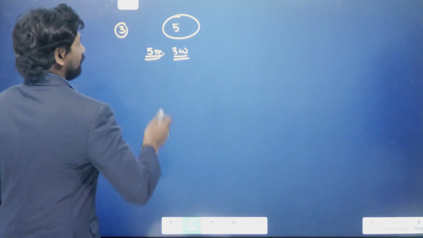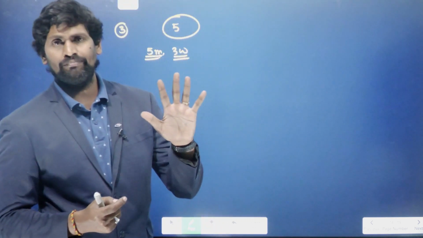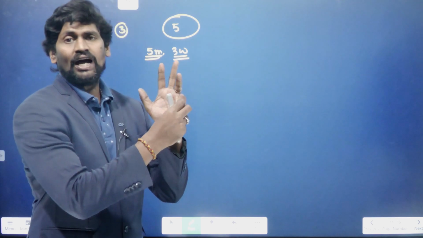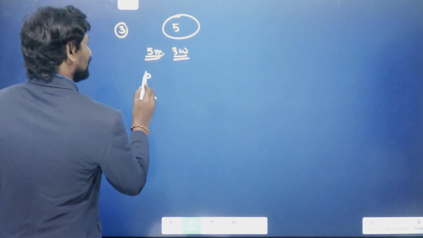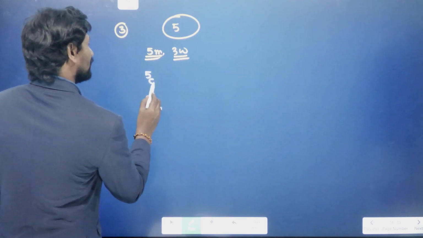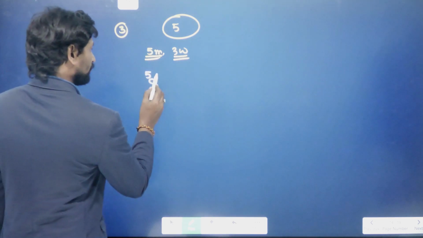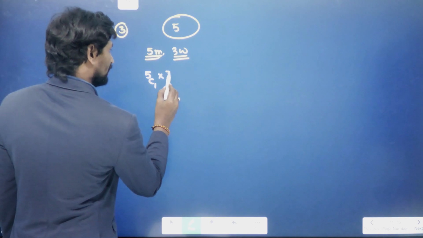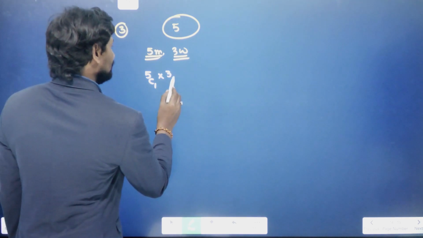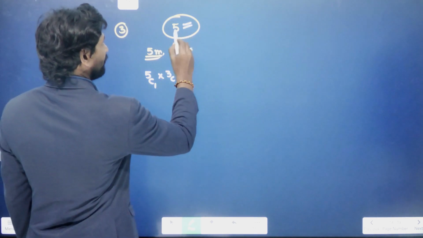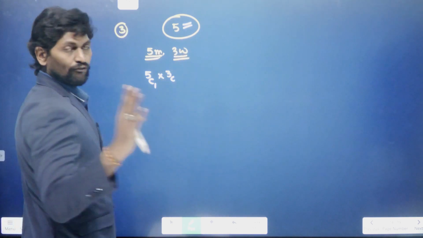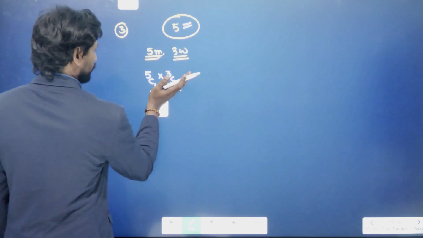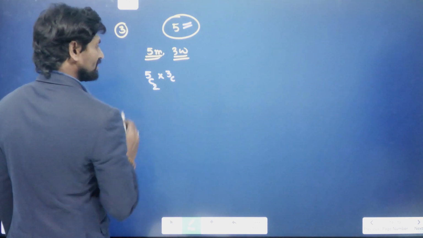There are multiple choices, like from the 5 members, I can take 1 male and 4 female, like that. So let me try to write. From the 5 men, 1 man I am selecting, and from 3 women. So in total we should get 5 members, right? If you take only 1 man, there is no chance of 4 women, so we should take 2 men.